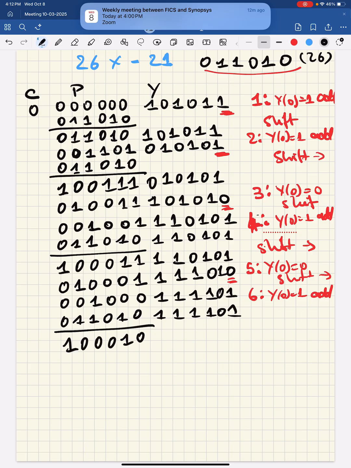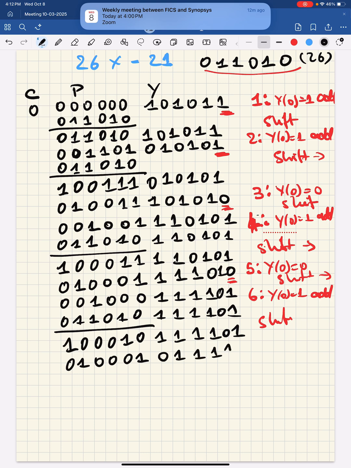And here 1, 1, 1, 1, 0, 1. And to complete, we do the shift. And this shift will give us the 0, 1, 0, 0, 0, 1, 0, 1, 1, 1, 1, and then 0. Yes, so now we finished the 6th iteration completely.